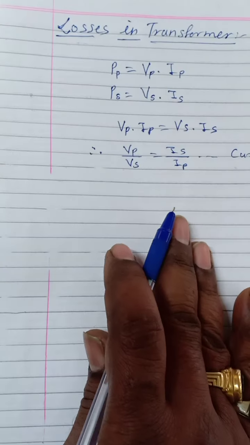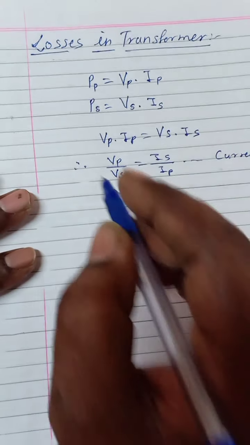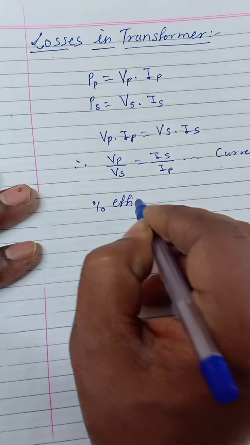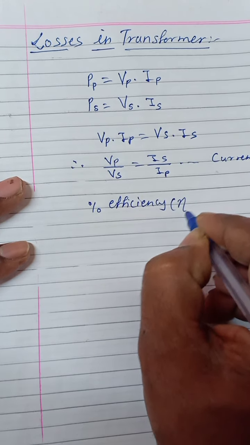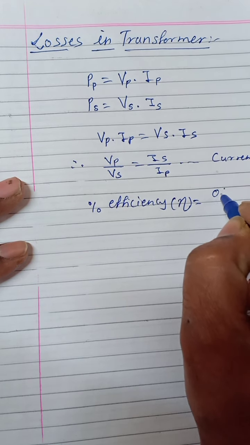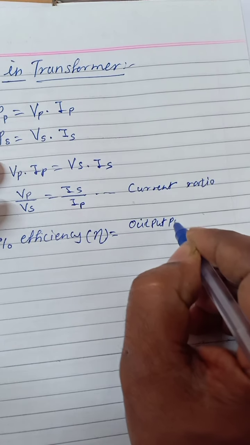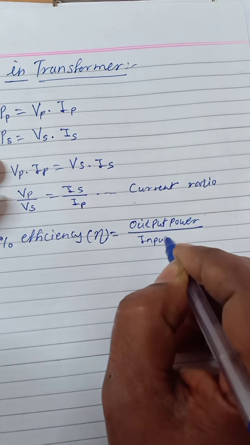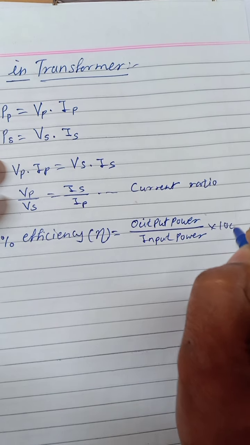In the efficiency of transformer we saw how efficiency is calculated. So percentage efficiency, which we named as eta, is equal to output power divided by input power into 100.